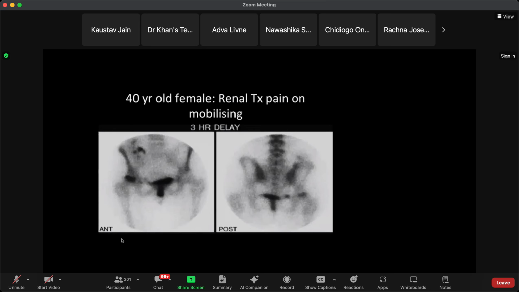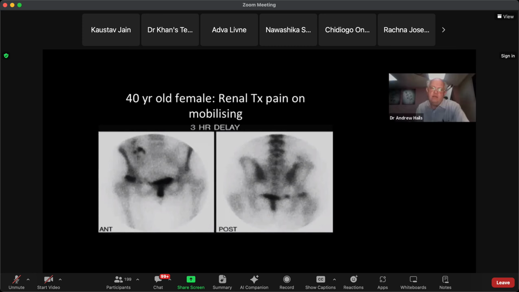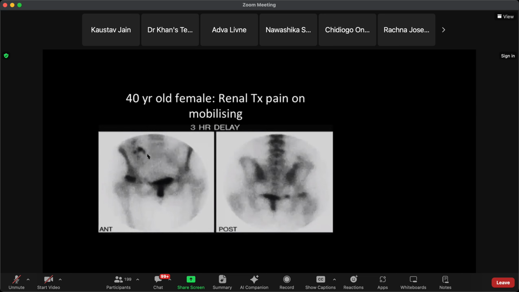And I'm thinking whether this is a renal transplant patient. They've been on steroids and they've got AVN on the right hip. It's almost like a double sign that we see. That's right. That's what it was. And there's the renal transplant there.